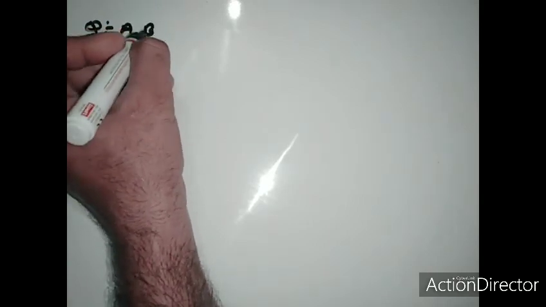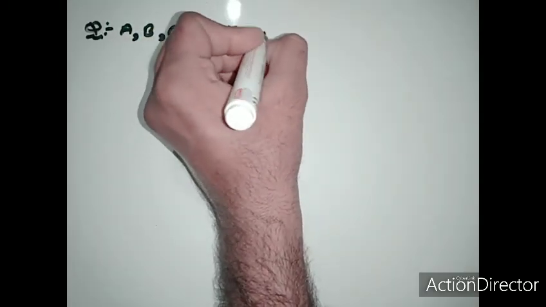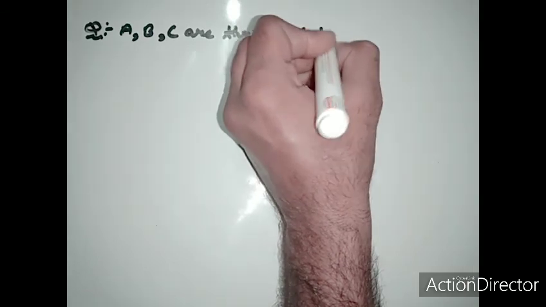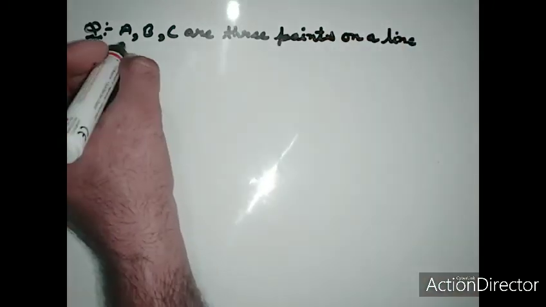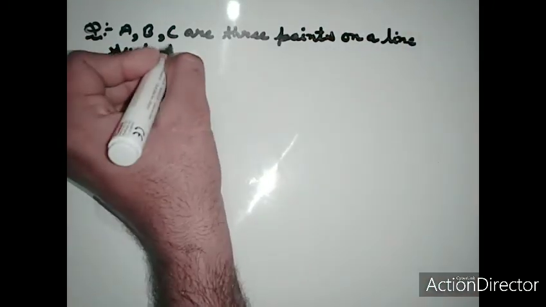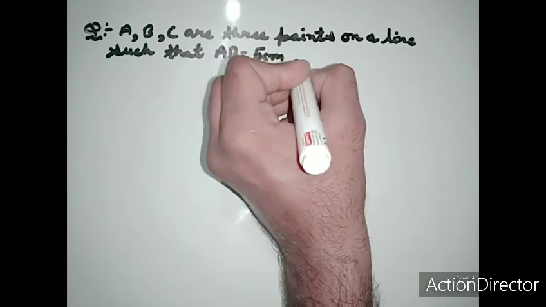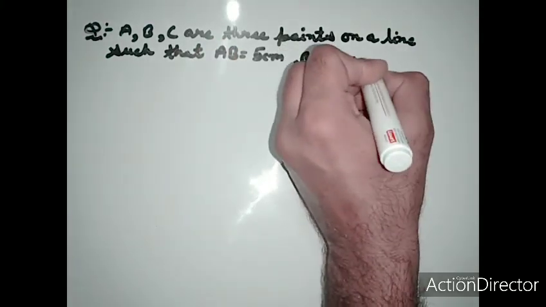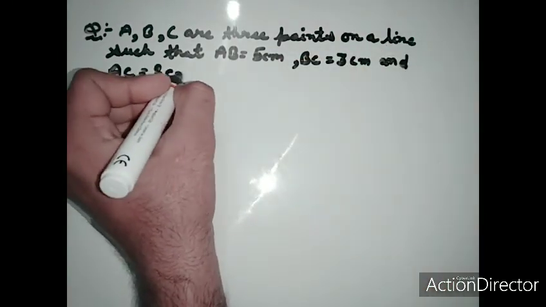Now here we take another question. A, B, C are 3 points on a line such that AB equal to 5 centimeter, BC equal to 3 centimeter, and AC equal to 8 centimeter.